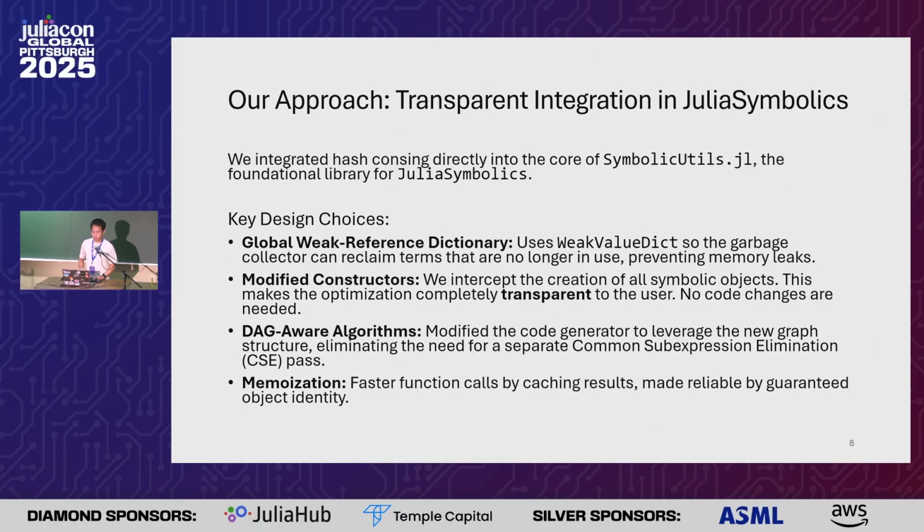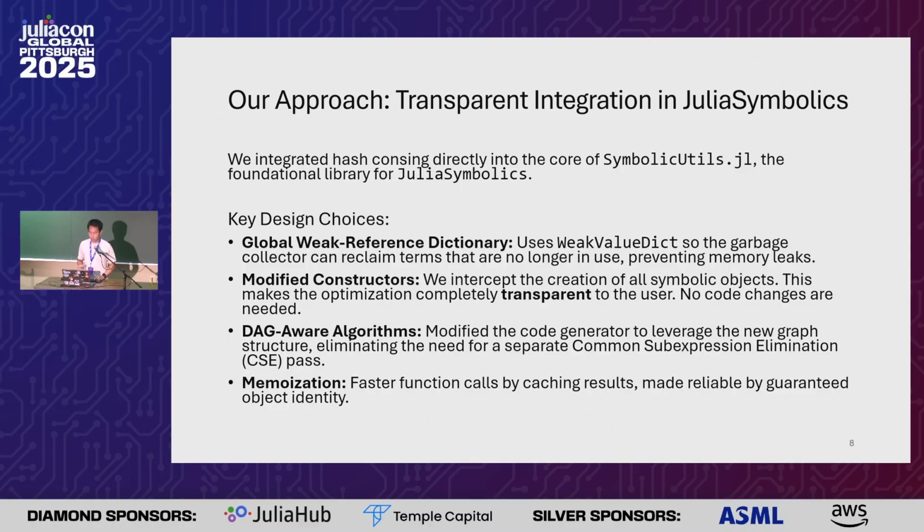And our approach is as follows. We implemented this directly within the Julia Symbolics ecosystem. A key part of our design was to make it seamless. We modified the core constructors, so any existing code that builds a symbolic expression automatically benefits from hash consing.